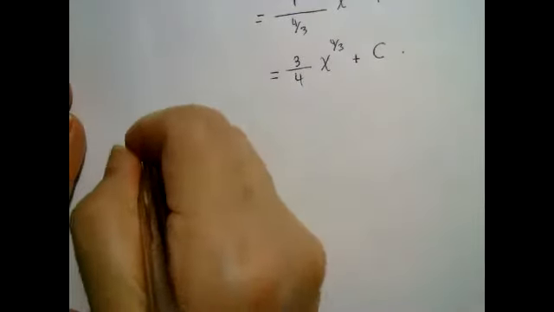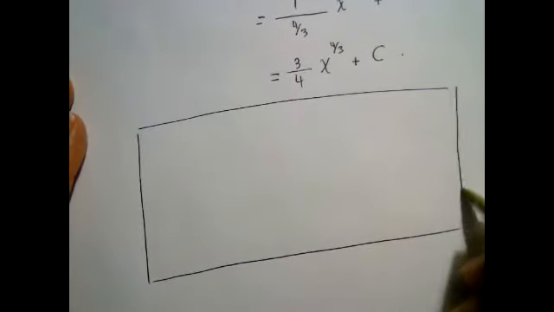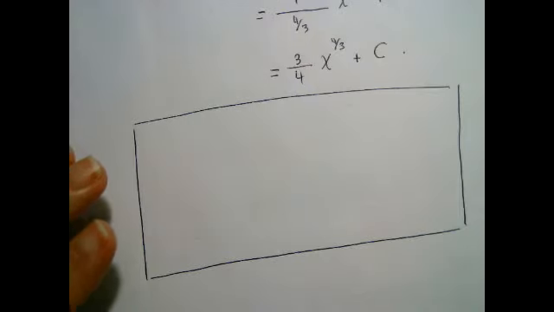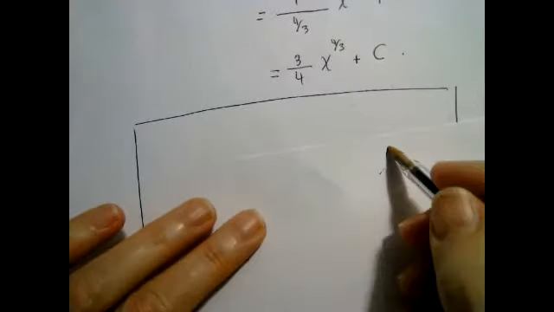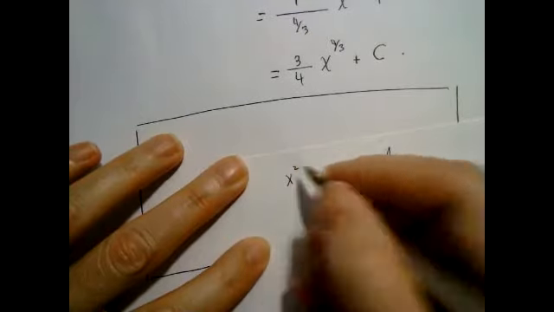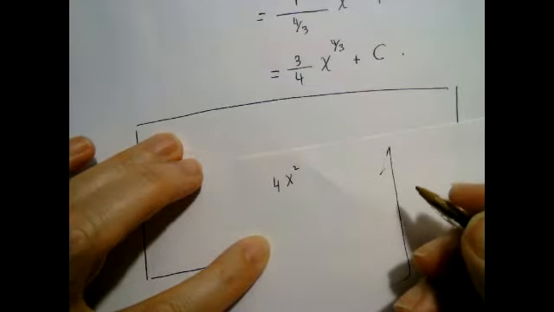Now, properties of the antiderivative, or properties of the indefinite integral. When we worked with derivatives, we first did the power rule, and then we said, if we know the derivative of x squared, now we want to know the derivative of 4x squared.